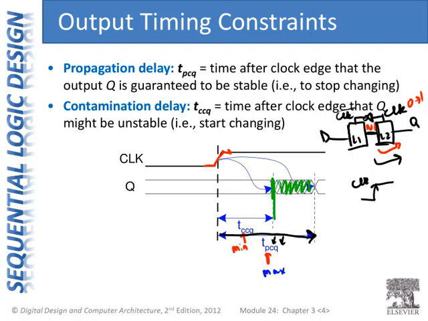So clock to Q means clock to Q changing. So we basically have a maximum delay, a propagation delay, after which the output Q is guaranteed to be stable, and a minimum delay, where Q could start changing as early as TCCQ after the clock edge.